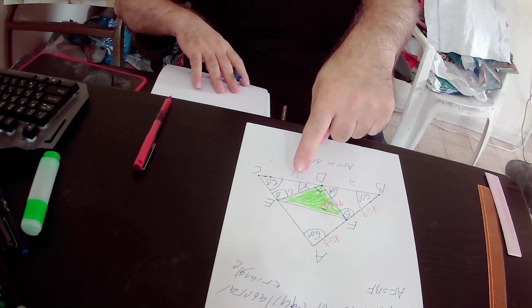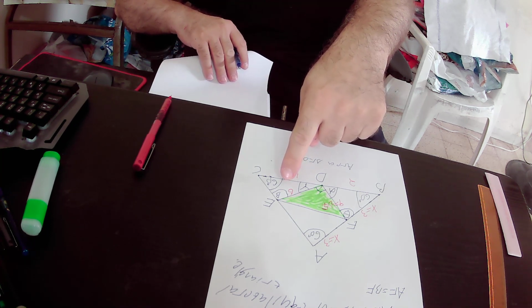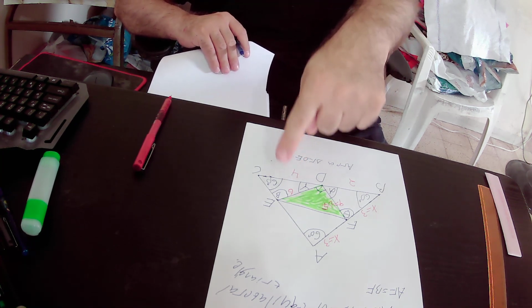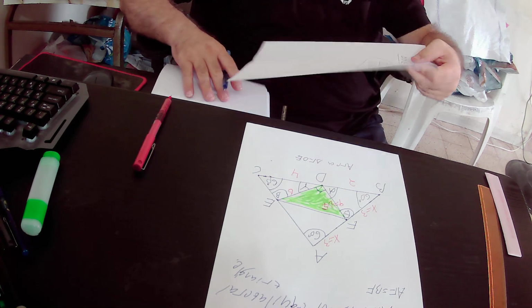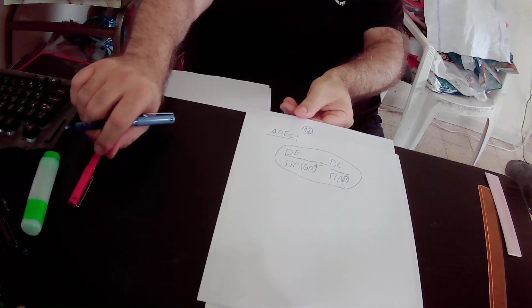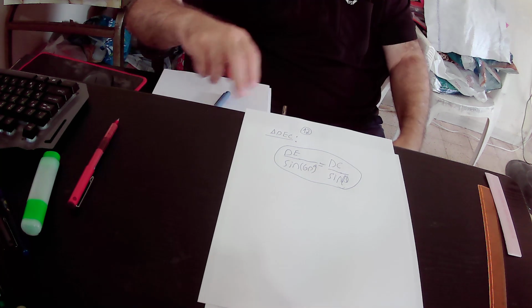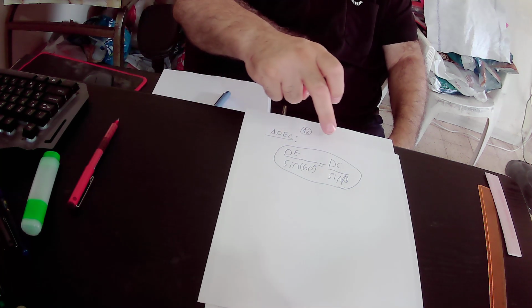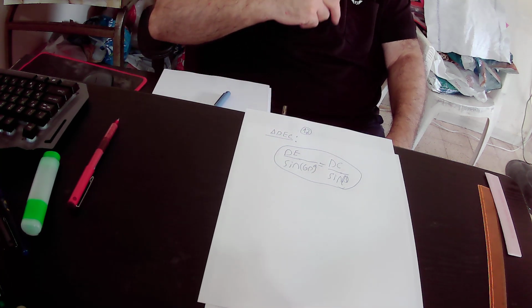Okay, we implemented the law of sines in triangle DEC. According to the law of sines in triangle DEC, DE over sinus 60 degrees equals to DC over sinus beta.